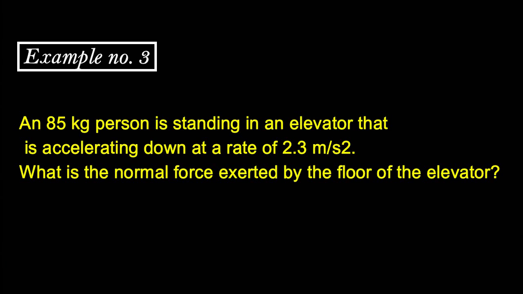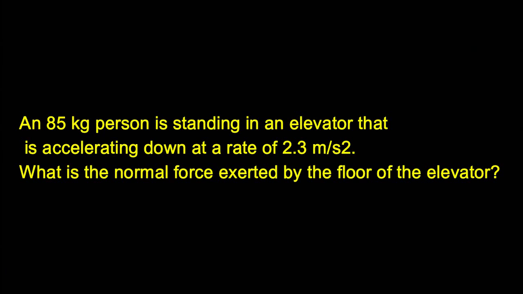What is the normal force exerted by the floor of the elevator? So we want to just look at the normal force that is being exerted by the floor on the person. That's what we want to look at right now. So let's see how to go about solving this problem.